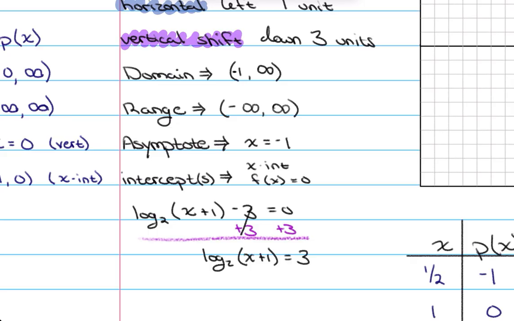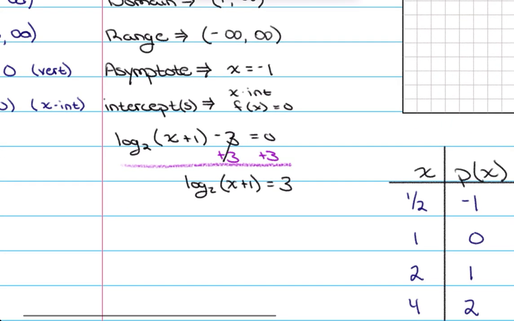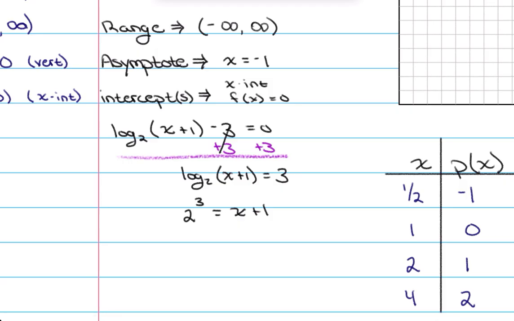I have my logarithm by itself, so I am going to change this to exponential form. So this will be 2 to the third power equals x plus 1. And then last but not least, I will subtract 1 from both sides. So 2 cubed is 8. 8 minus 1 is 7, and that equals my x value.